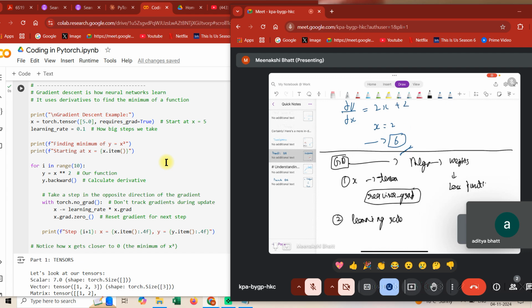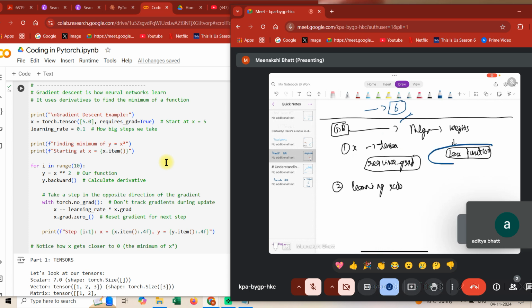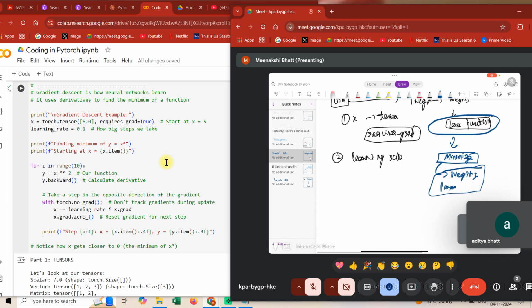Okay, so usually when it comes to any ML based task, you would have a loss function which you need to minimize, and once you minimize that, you will find some value of weights or parameters, and that would exactly be your main thing. So what happens in gradient descent is there's this equation: w new is equal to w old minus learning rate times the change of loss function with respect to w old.